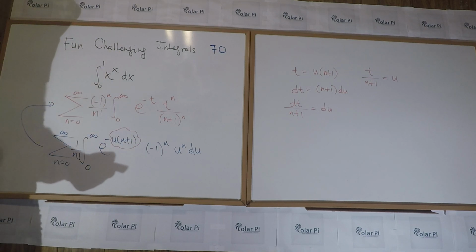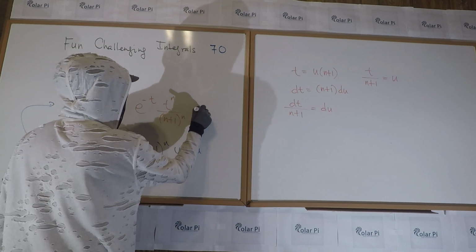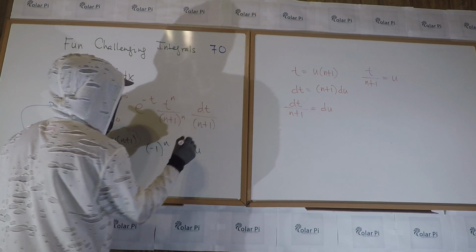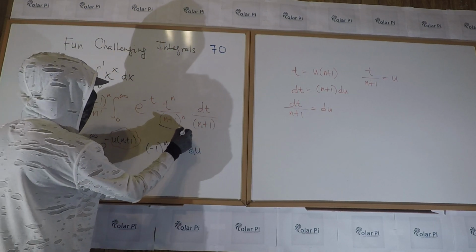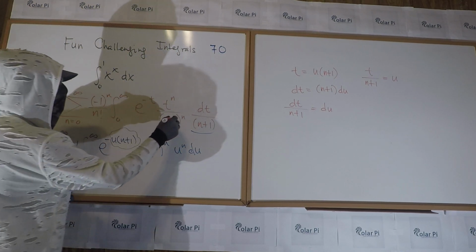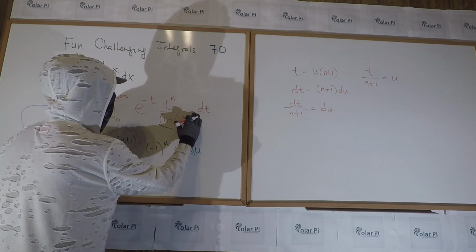That's abundantly clear. And then du is dt divided by n plus 1. So you see, this and this can combine. I could just write that right there, and so I could get rid of this.